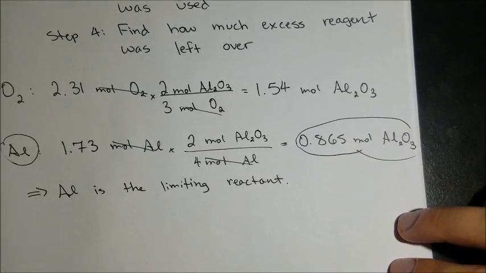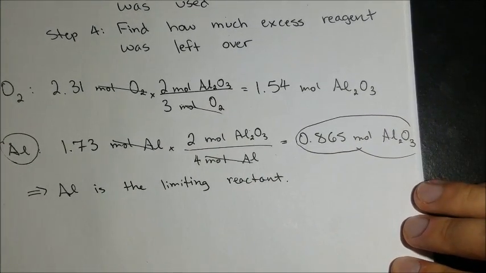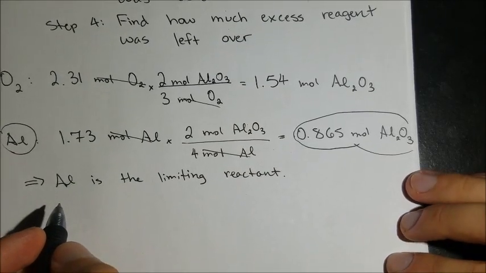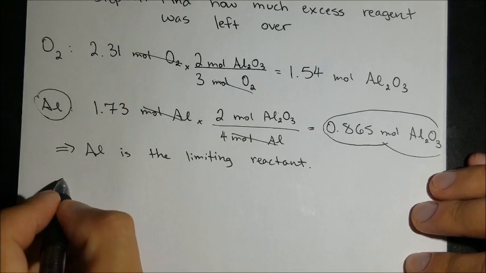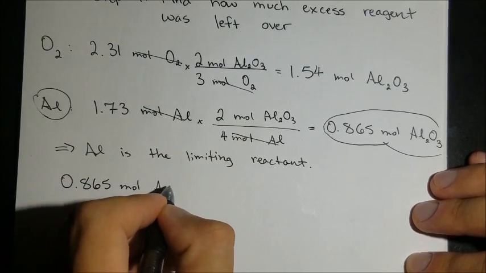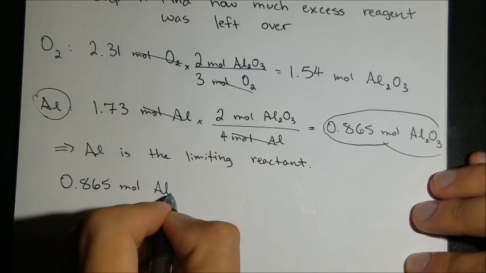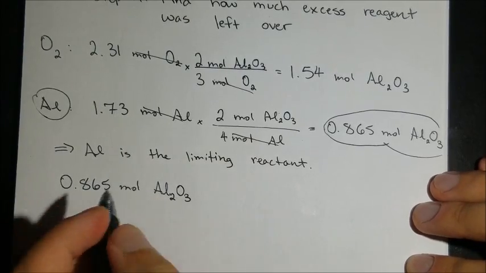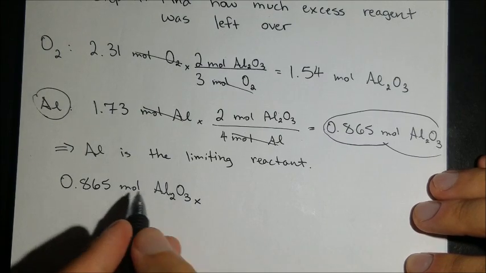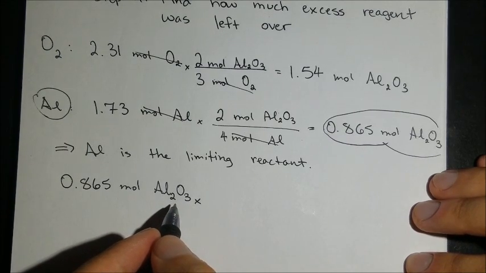So let's do that down here. So we made 0.865 moles of aluminum oxide. And now we can use the balanced chemical equation to convert this into how much oxygen was used.